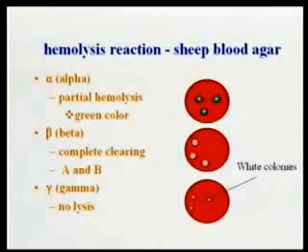Streptococci fall into three categories: alpha, beta, or gamma, as regards the hemolysis reaction, the ability to digest blood. Alpha is what you typically see with the viridans streptococci, and this relates to partial degradation of hemoglobin. It's not quite clear what this green color is, but the coloration around the colonies is green.